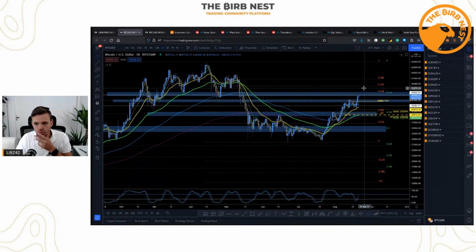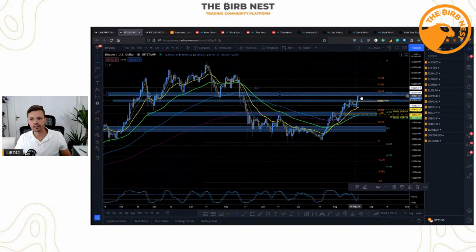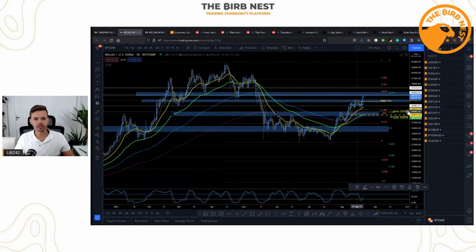and if we do see a violent breakout here for Bitcoin, I am going to be watching the 53K region. So let's just add a horizontal line right there.